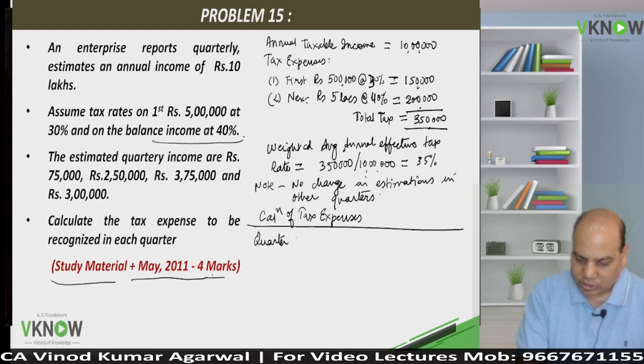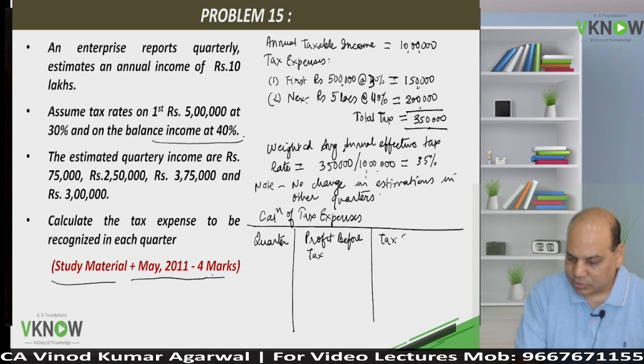So this is quarter. Then you will write profit before tax, and then you will write tax expense at the rate of 35%.